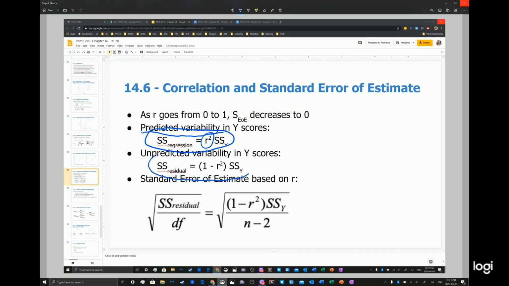Then you get 1 minus r-squared, which gives you your unpredicted variability when you multiply 1 minus r-squared in brackets with your sum of squares y, which you need for both of these. That gives your sum of squares regression and your sum of squares residual, and your degrees of freedom is the same for regression or residual, n-2.